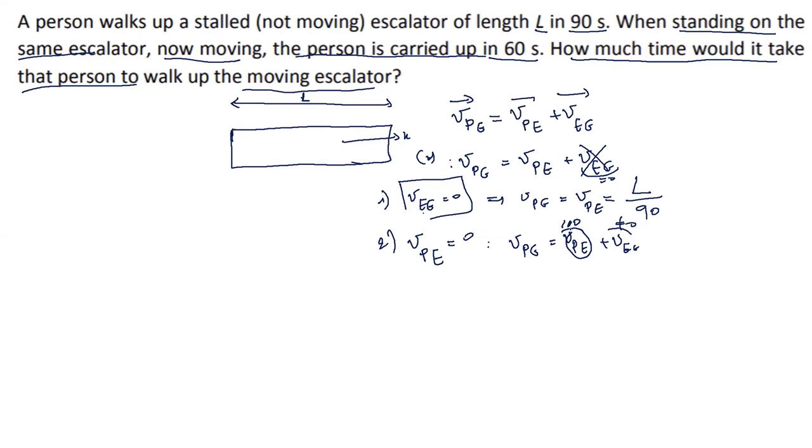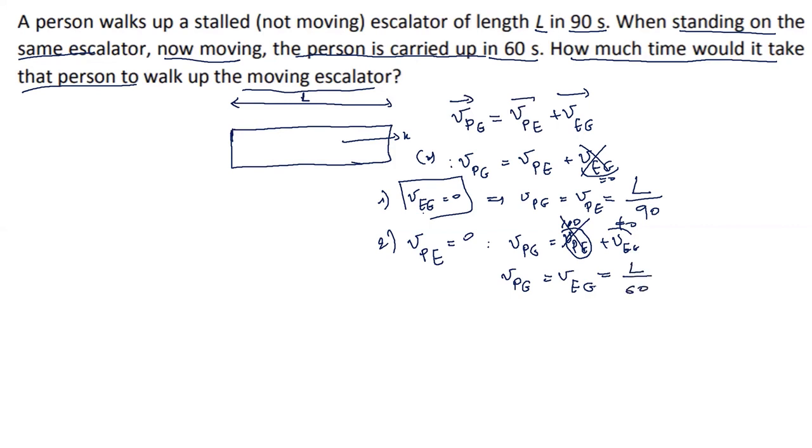So here I'm saying that the man is standing. So velocity of the person with respect to the escalator is 0. So velocity of the person with respect to the ground in this case is just equal to the velocity of the escalator with respect to the ground, since for this gentleman v_pe is 0. And now it will be what? L divided by 60.